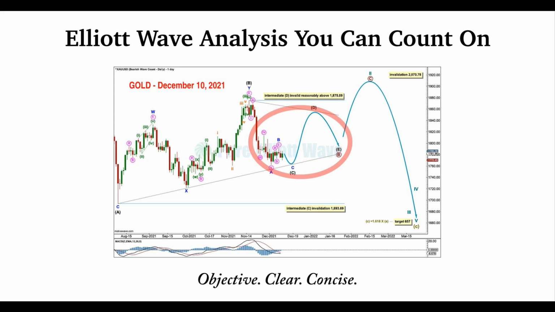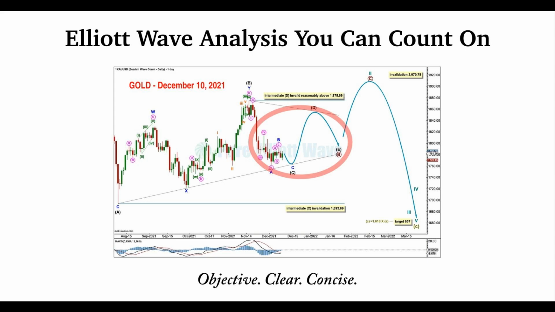So I'd like to show you how our analysis is different and some great examples from the past 2 years on our gold counts, which we're not right 100% of the time, but with our methodology we have really high probabilities and you have clear risk levels that you can form your trading strategy off of.